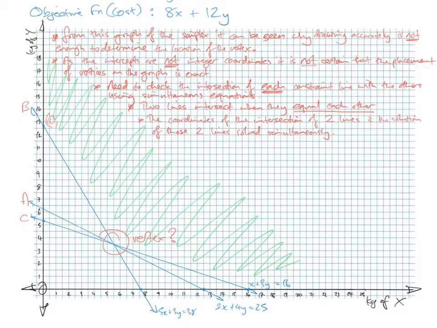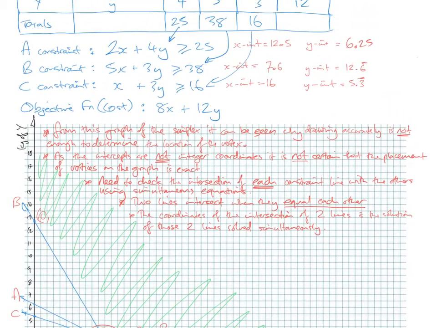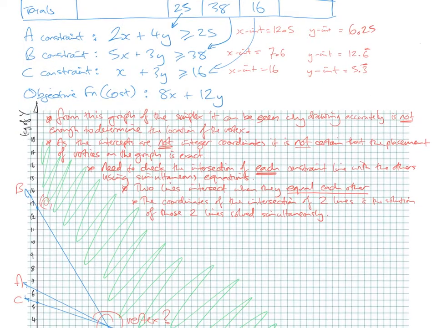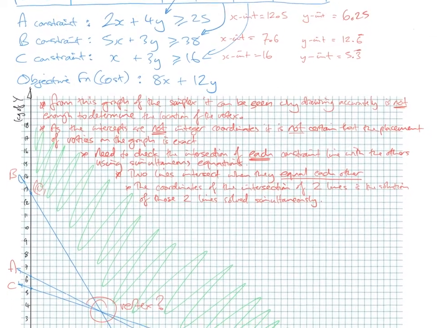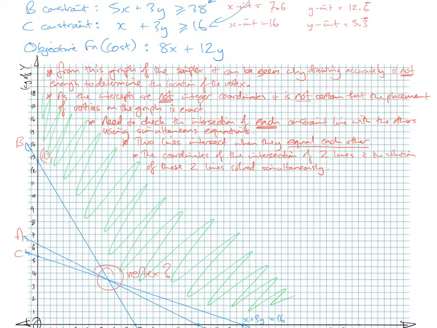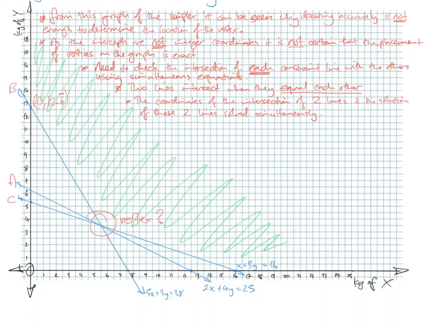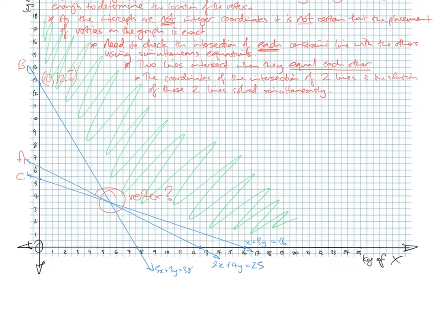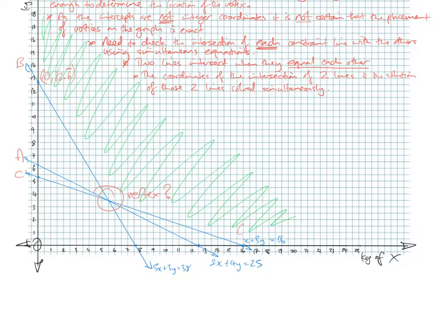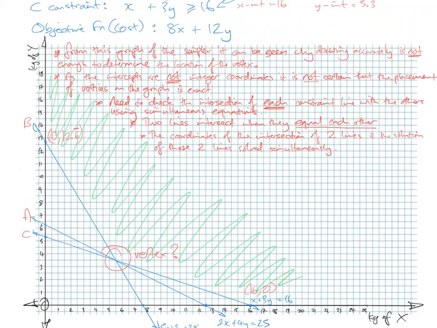It's 0, and I just need to double check what the y-intercept is. 12.6 recurring, or 2/3. That's fine. And this other corner here is 16, 0.